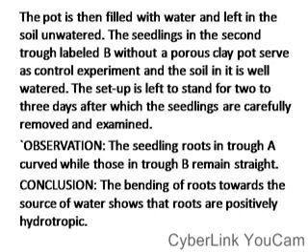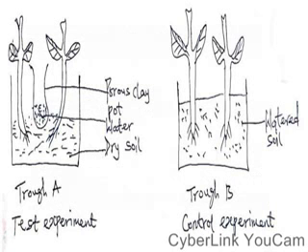The seedling in the second trough, labeled B, without a porous clay pot, serves as the control experiment. There is no porous clay pot here.